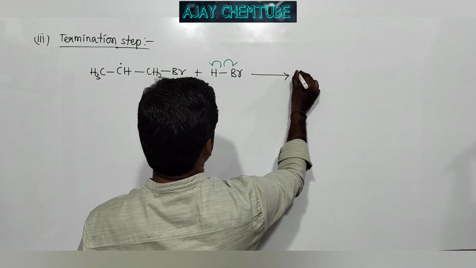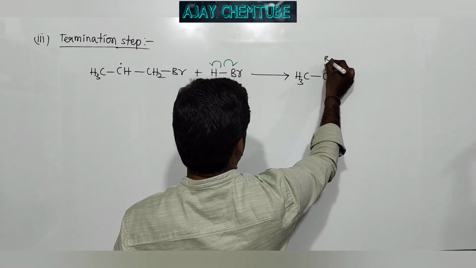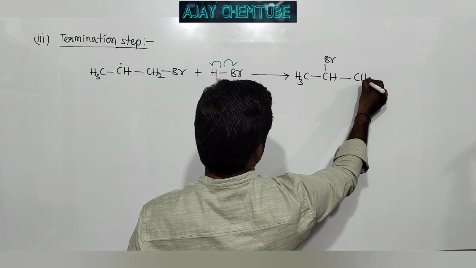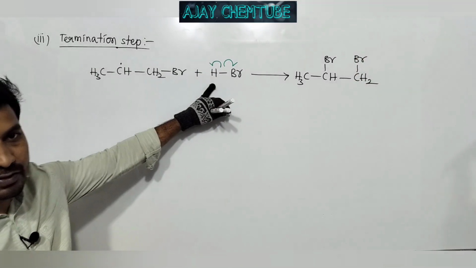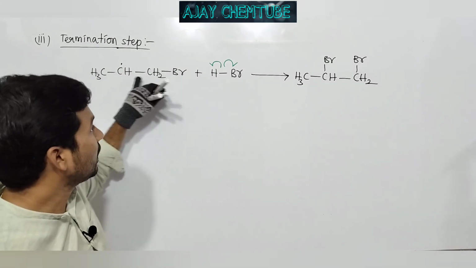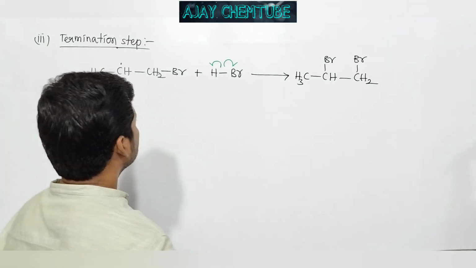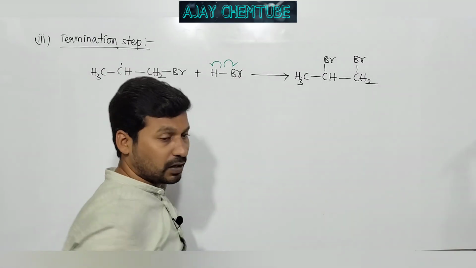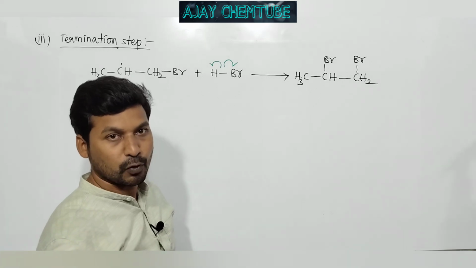Then the product is CH3 CH, here bromine, and this is CH2, here also bromine. Usually H free radical adds here, but if Br free radical adds here, the reaction is going to close. This bromine free radical is required for homolytic bond cleavage of propene.